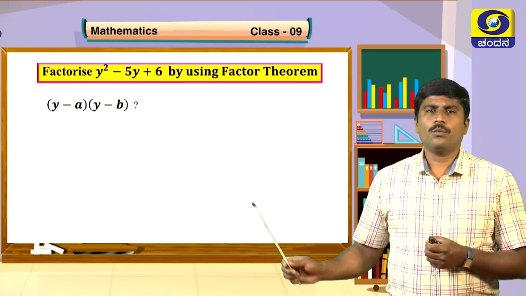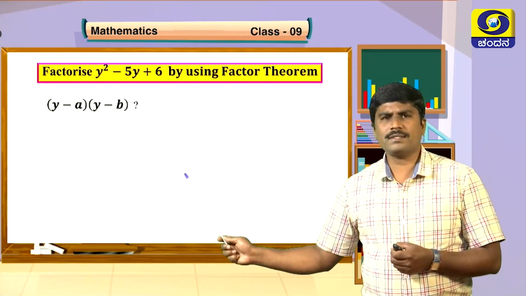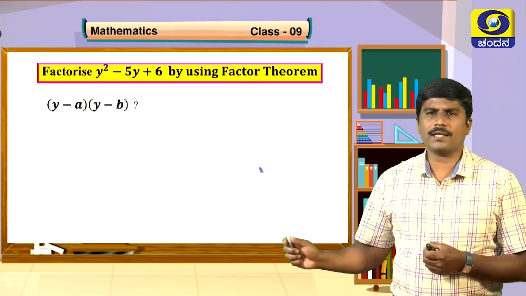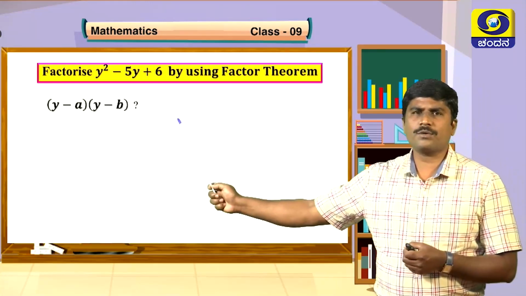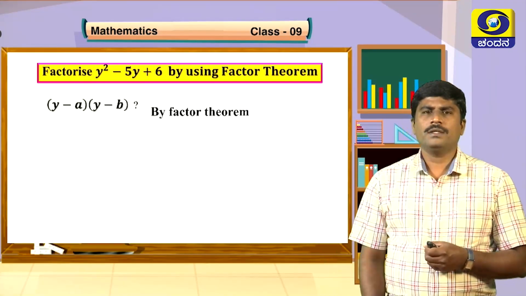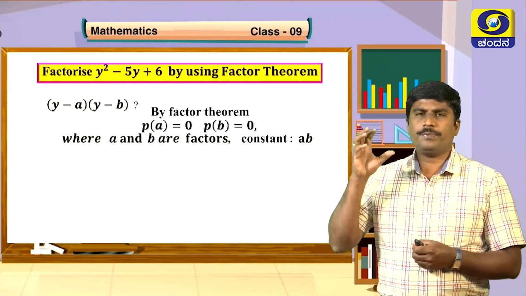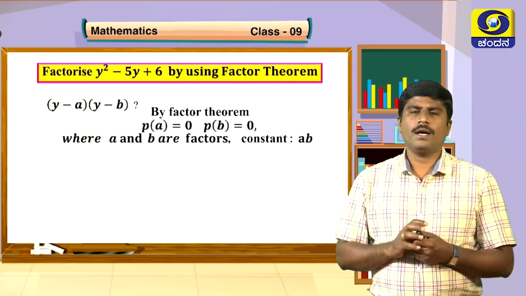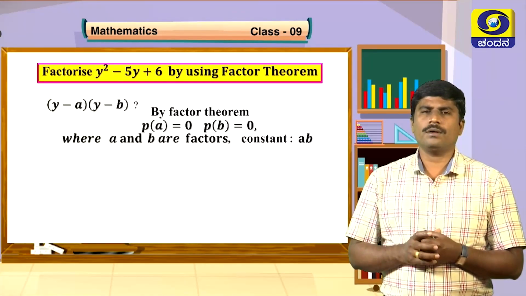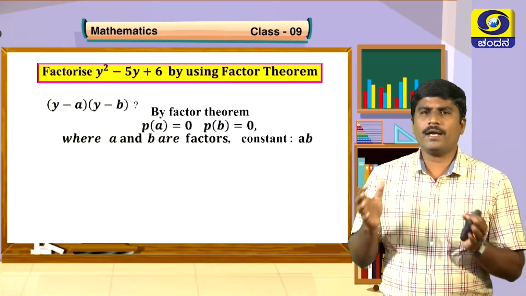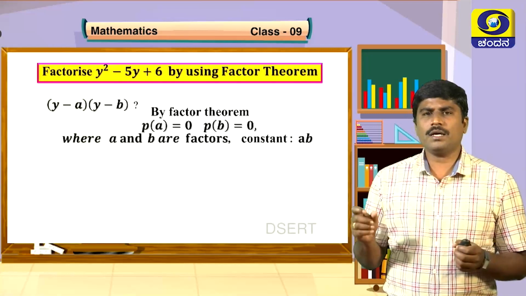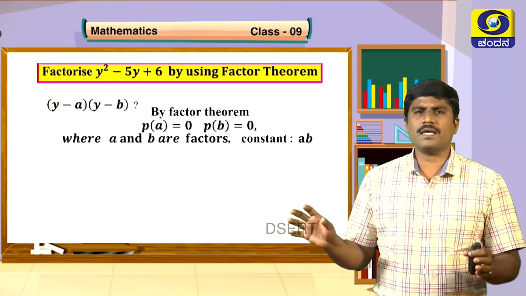So here, which are the factors? y minus a and y minus b are the factors of y square minus 5y plus 6. By using the factorization theorem, what can we understand? If p of a is equal to 0 and p of b is equal to 0, then a and b are the factors, and the constant term is ab.